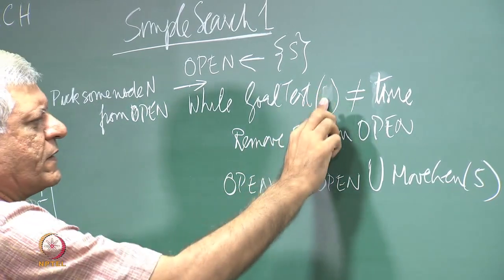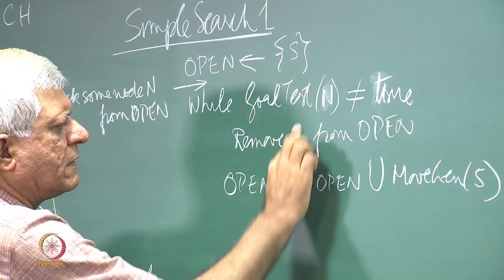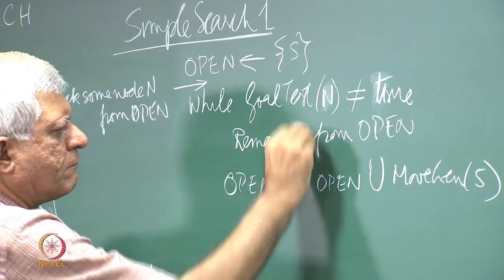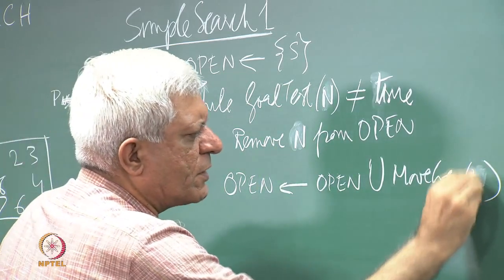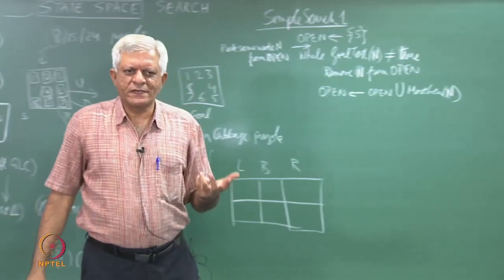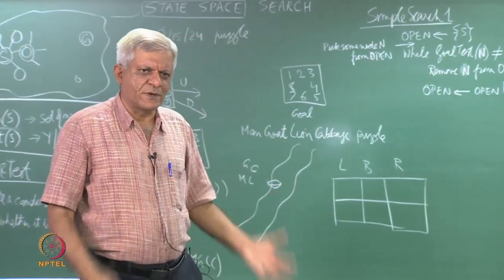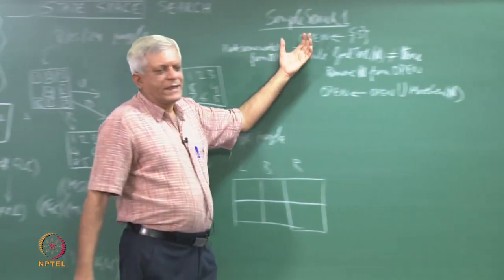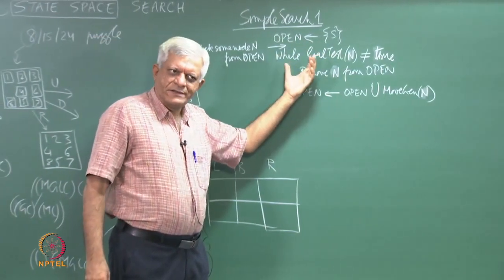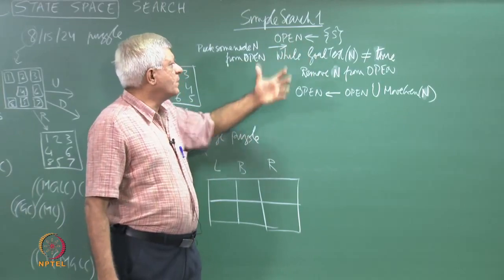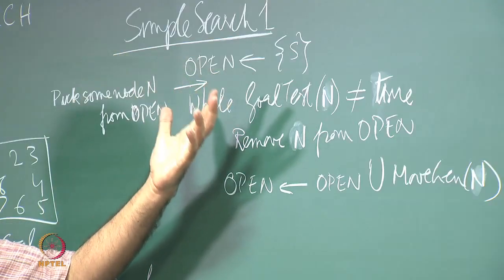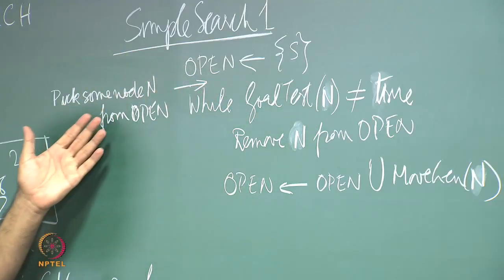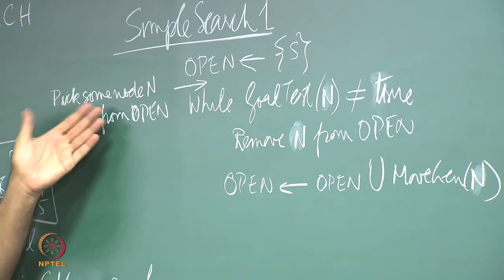So, let us call this n now, because we are not only talking about the start state, but of any node that we pick from this set open. So, the refinement of this algorithm is, I create this open set called open, in which I put the start state to begin with, and in general my algorithm says pick some node.